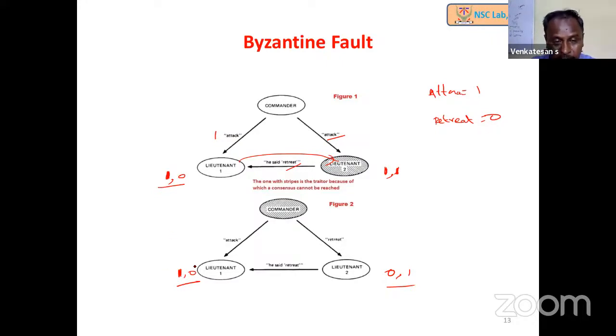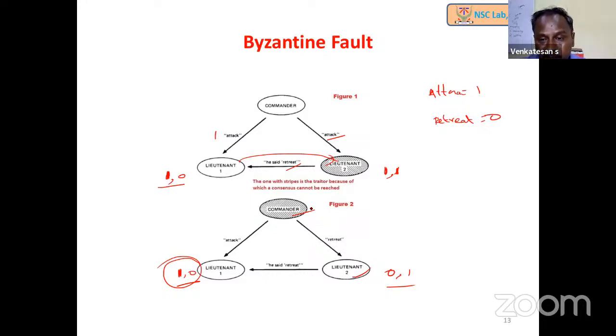And another important problem is lieutenant 1 is not sure whether the problem is with the commander or the lieutenant 2. So this is the issue. We cannot reach the majority. Anyway, if we go for digital signatures, the problem gets solved, but to demonstrate the problem, this is the example.